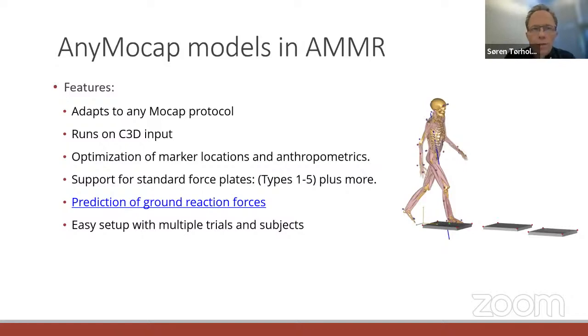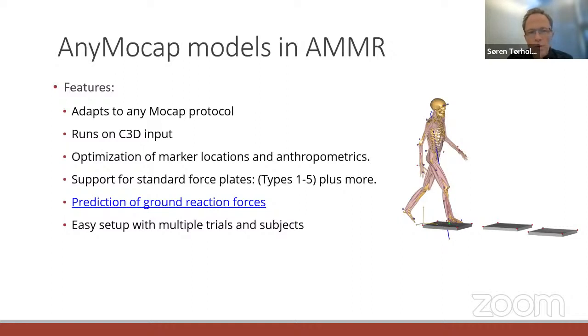Now we come to the AnyMocap models that are part of our current model repository. It's a generic motion capture model which can be adapted to any marker protocol. It runs directly on the C3D file data, so it can optimize the marker locations and anthropometrics using optimization.